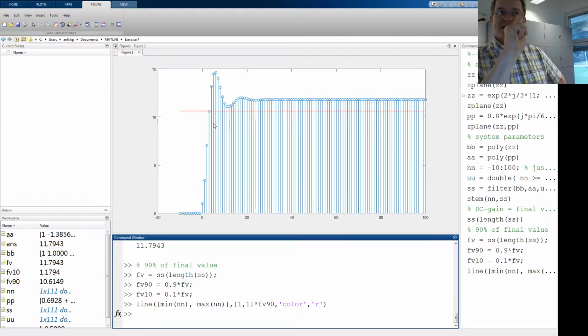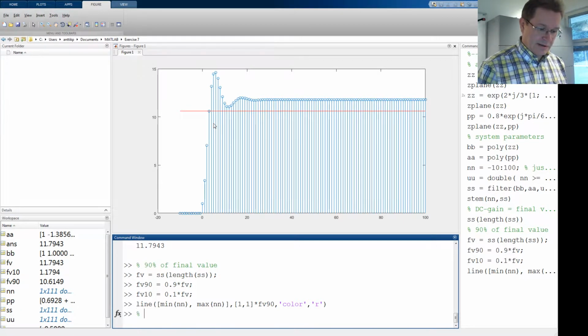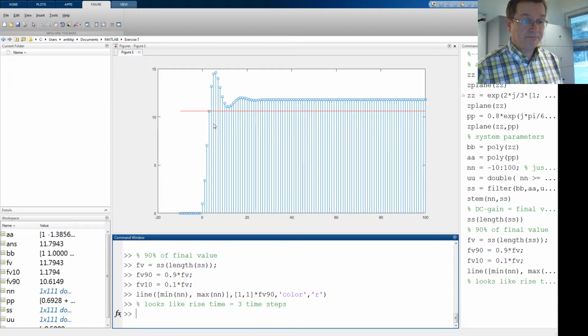But discrete time systems, discrete time everything. Okay, so it looks like rise time equals 3 time steps. If we now knew the sampling rate, which is, for example, 1 kilohertz, this would be 3 milliseconds.